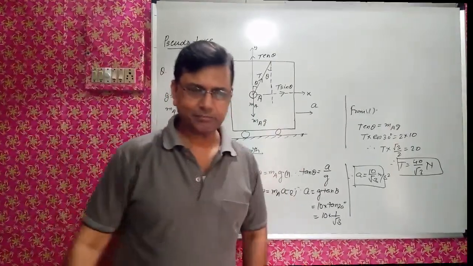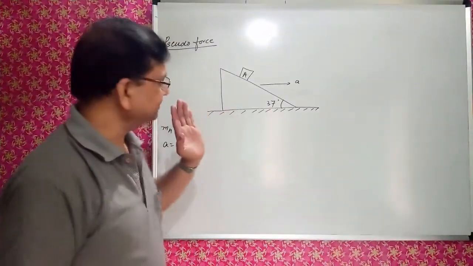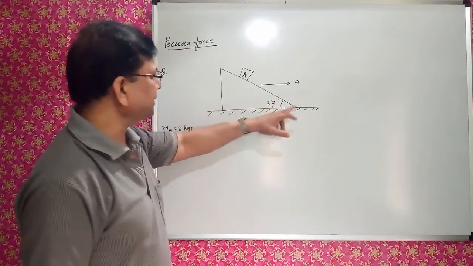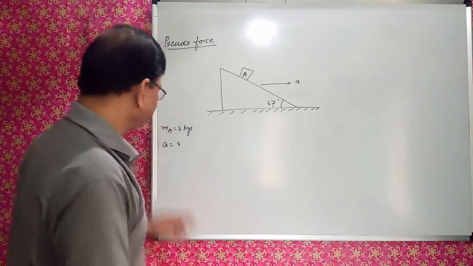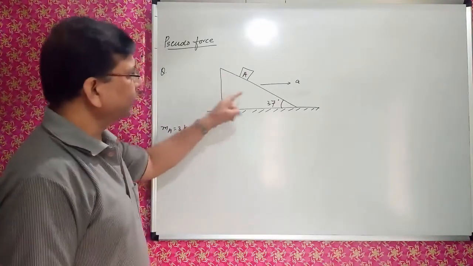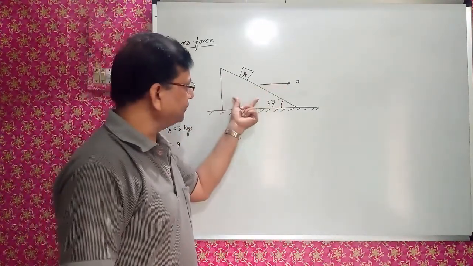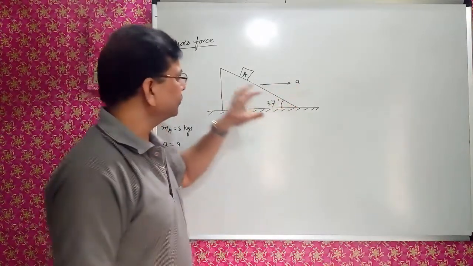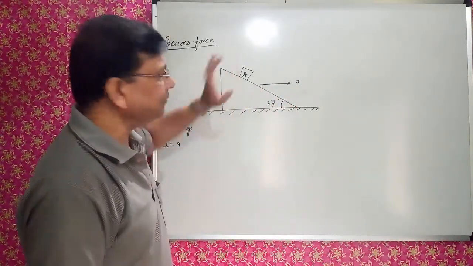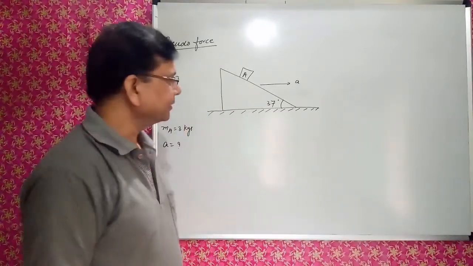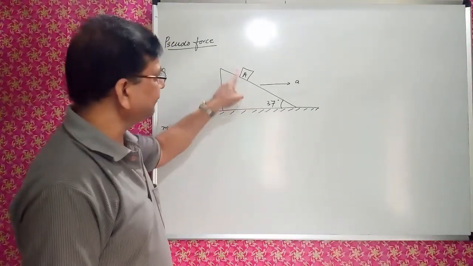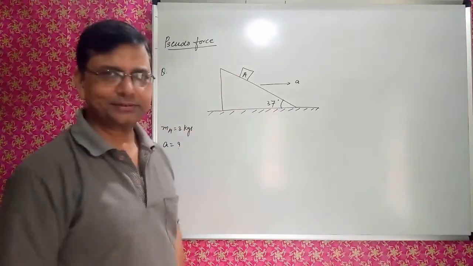I will take another example. Now this is the second question. The question is such: this is a wedge. A mass A is kept on this, and its mass is 3 kg. What should be the acceleration of the wedge, so that with respect to the wedge A will be at rest? What should be the acceleration so that with respect to this it will be at rest?